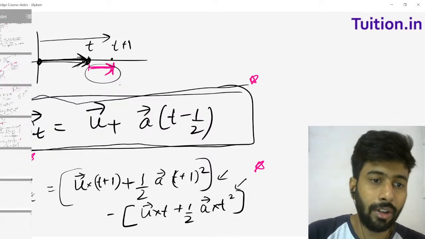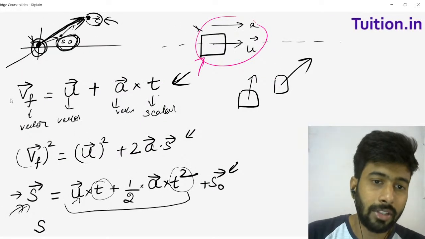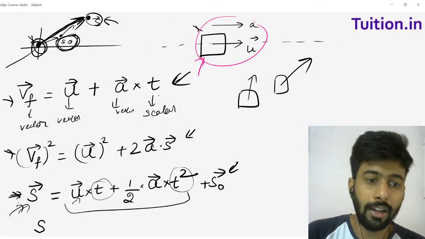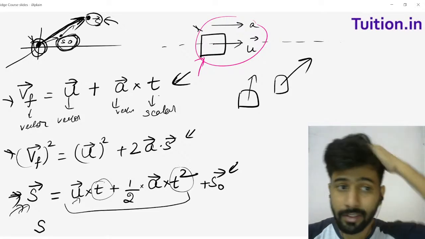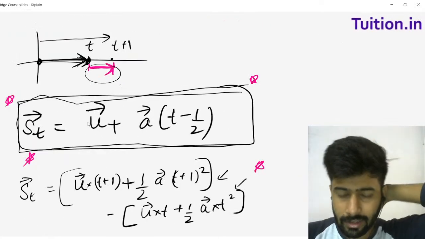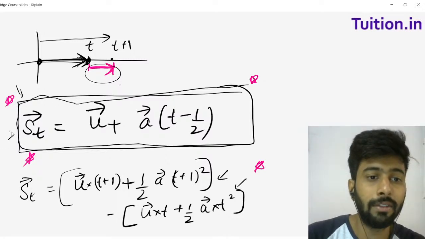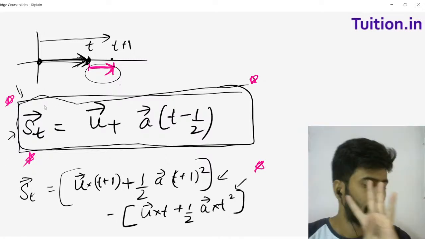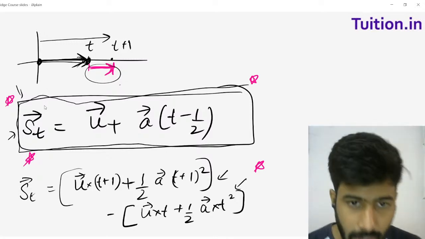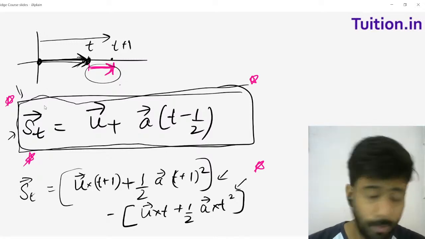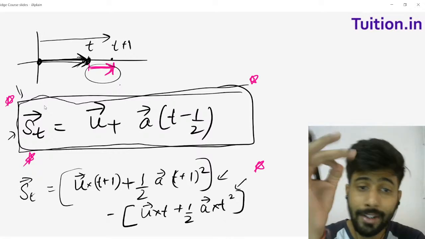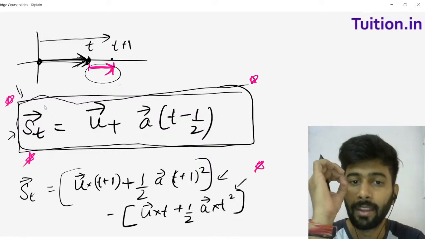I will say that for 90% of the problems, these three formulae are enough. But there are some questions where knowing this formula will be very useful. So I've given you 4 formulae today. You have seen some of these before, but you did not see them as vectors before.